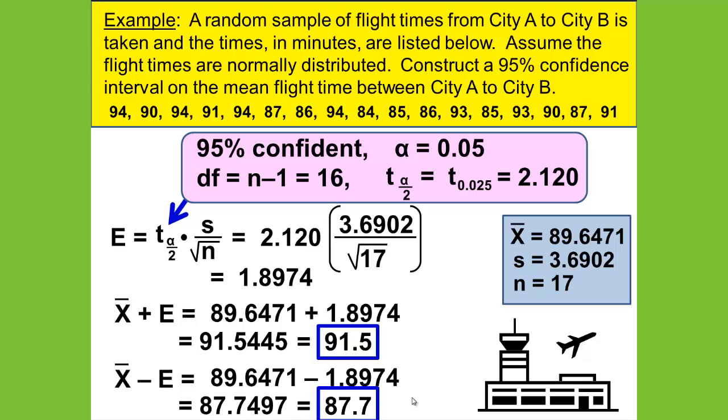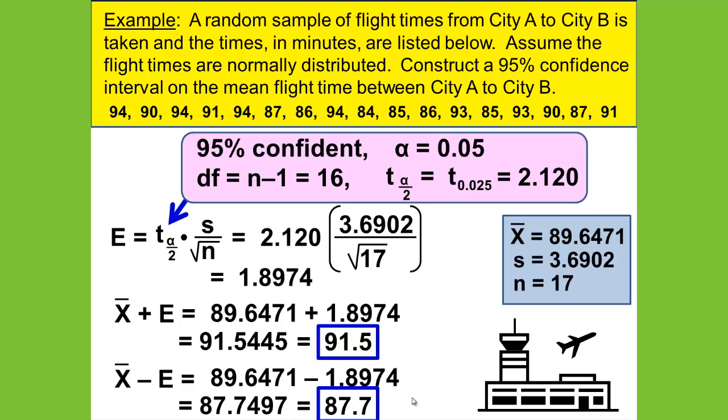We have our upper confidence limit and our lower confidence limit. And I am following this standard of rounding. Each teacher may have a slightly different set of rounding rules, so you will need to follow your teacher's rounding rules.